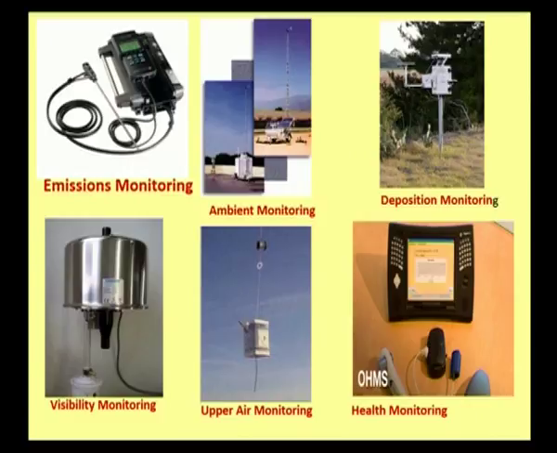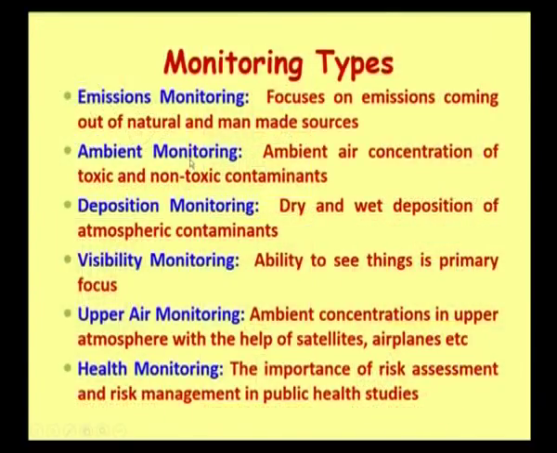Like that there are so many instruments now. And monitoring types: emission monitoring focuses on the emission out of natural and man-made sources; ambient monitoring covers ambient air concentration and toxic and non-toxic contaminants; deposition monitoring covers dry and wet deposition; and visibility monitoring. That means it depends upon the purpose for which we are monitoring.